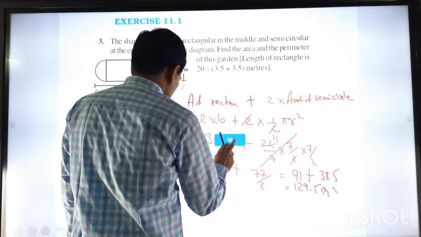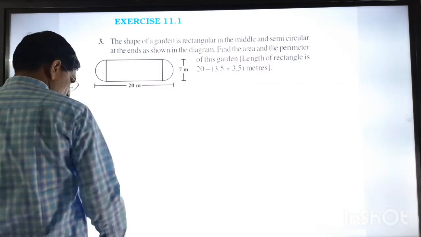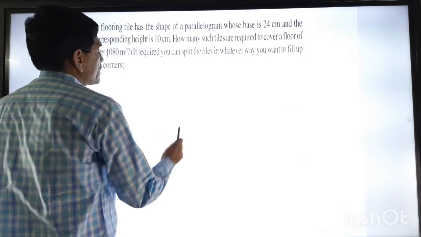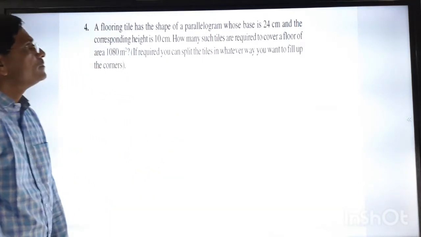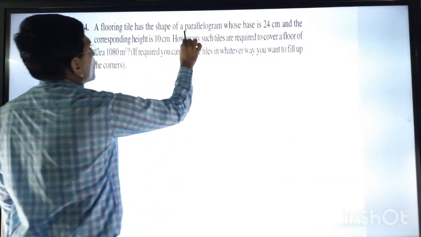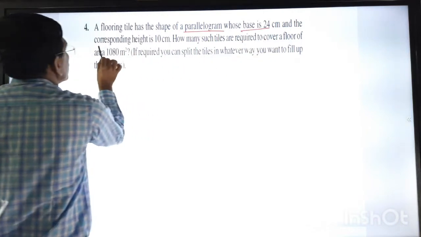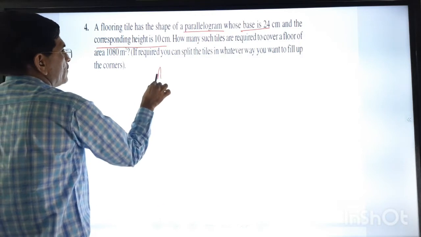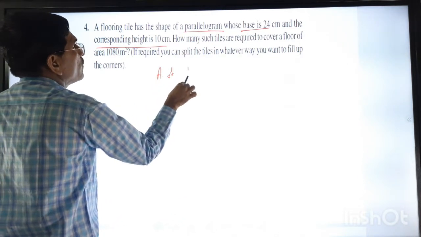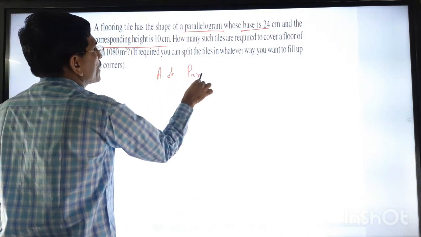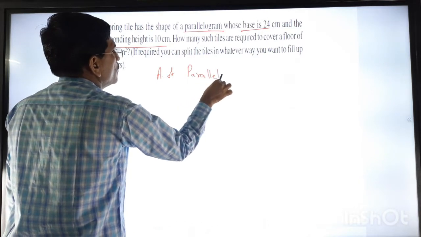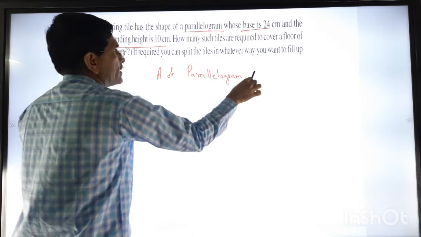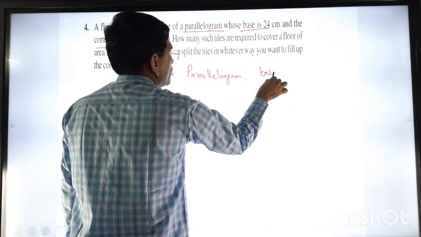Now for the next sum. The next sum is again calculation based. It is a parallelogram, base 24, height 10. Now the area of a parallelogram is base into height.